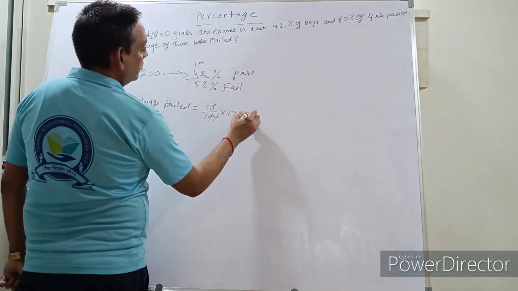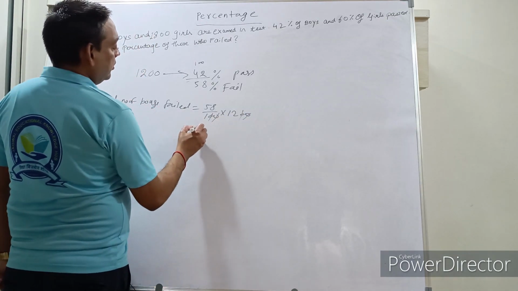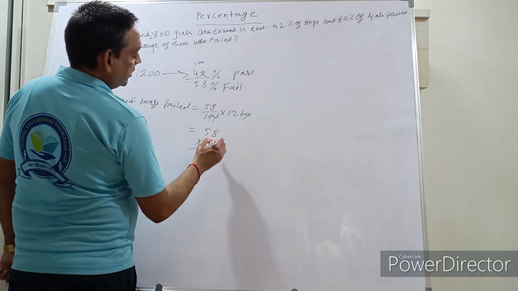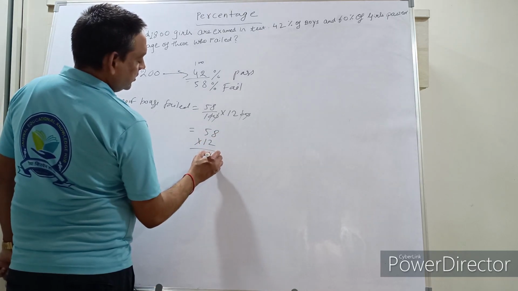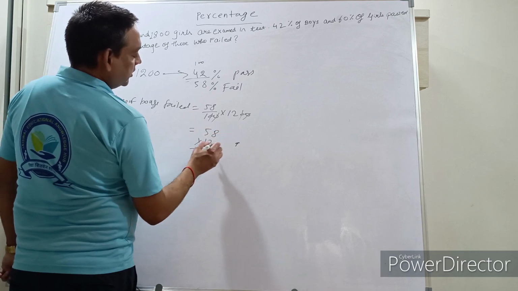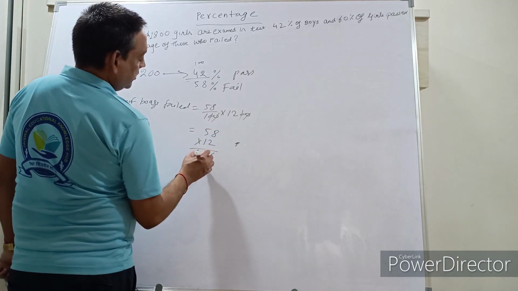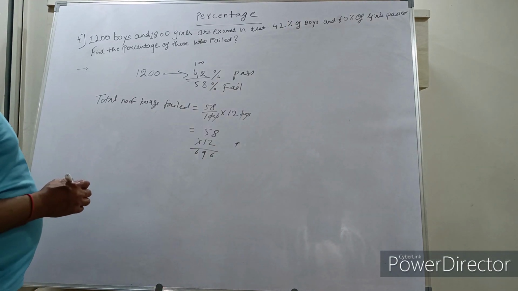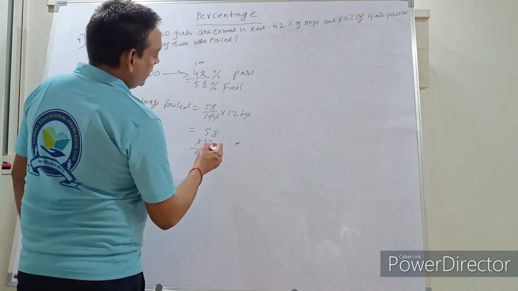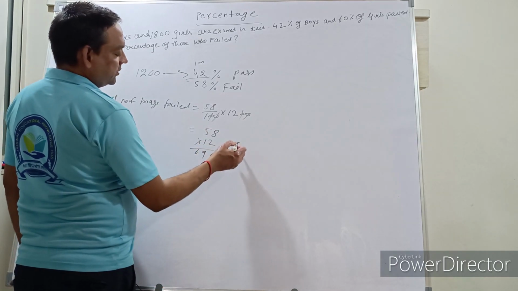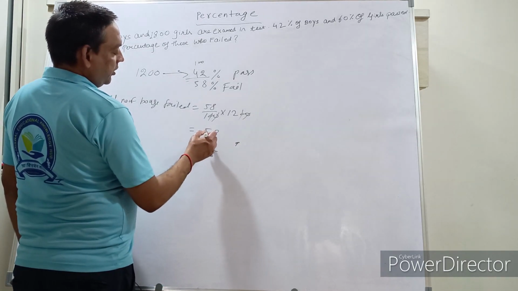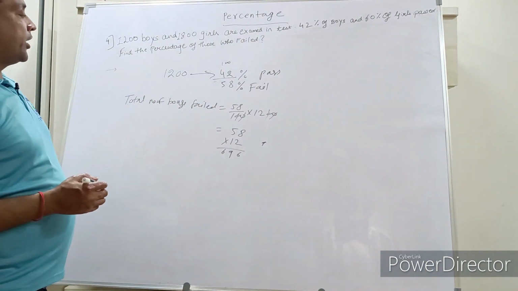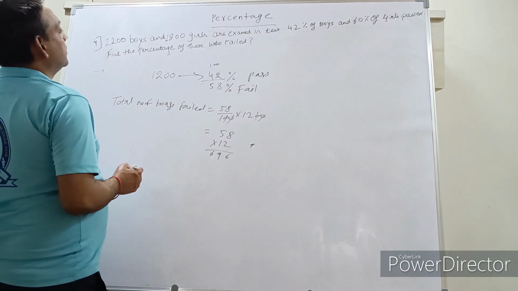The two zeros get cancelled, now 58 multiplied by 12. 12 eights are 96, 12 fives are 60 plus 9 is 69. So 696 boys fail in the exam.